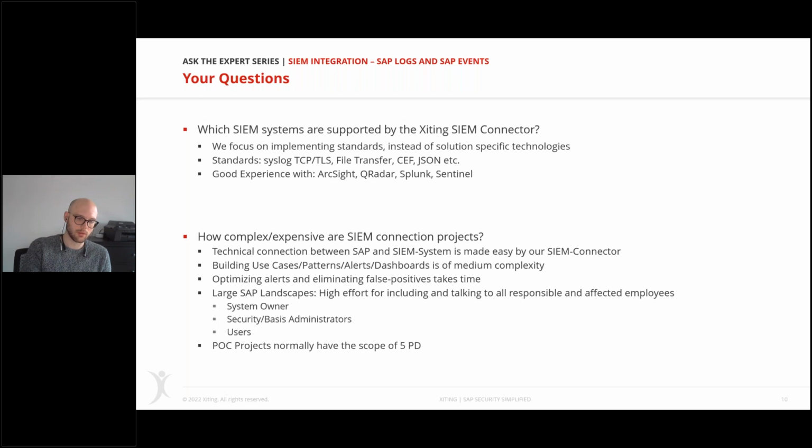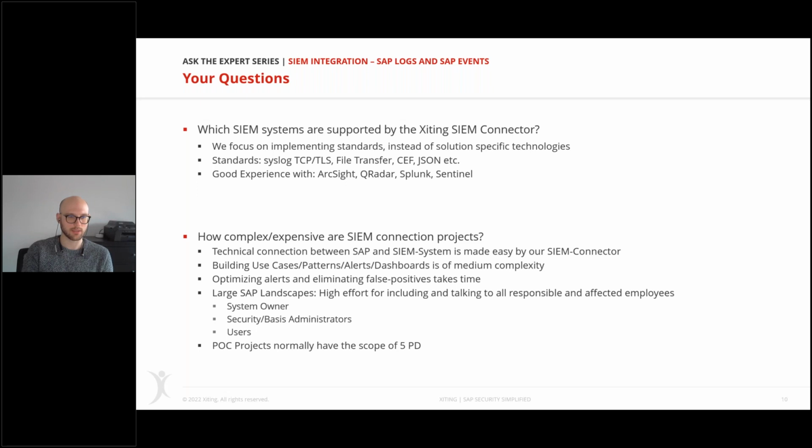But I don't only want to talk about our solution. If you don't use such a third-party software, doesn't matter if this is our SIEM connector or from anyone else, it is way harder to connect an SAP system.